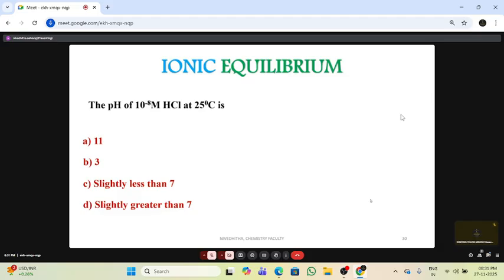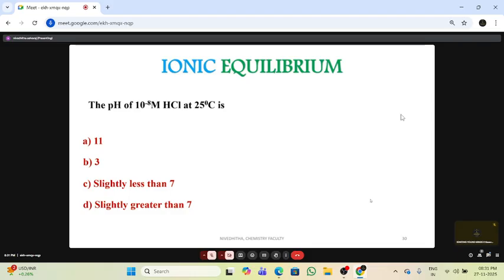Right. Rakshan was right because HCl is an acid. Anyways, pH has to be less than 7. For any acidic solution, pH will be between 1 and 7, right? Here, the concentration is 10 power minus 8 molarity, which is extremely low.